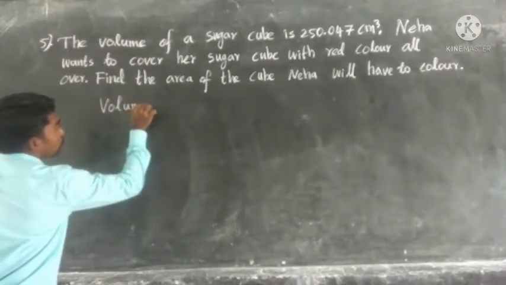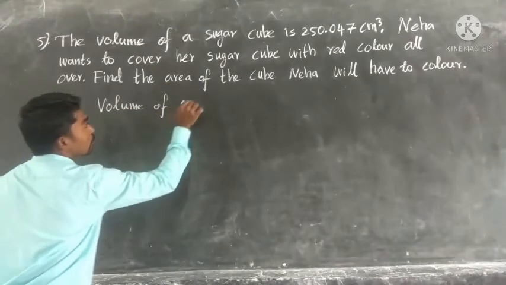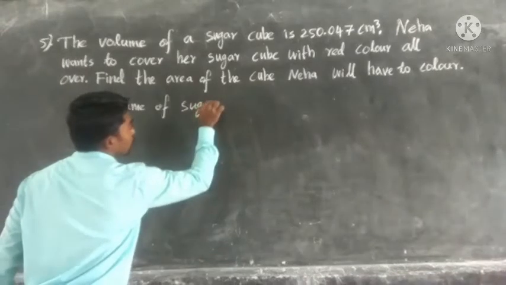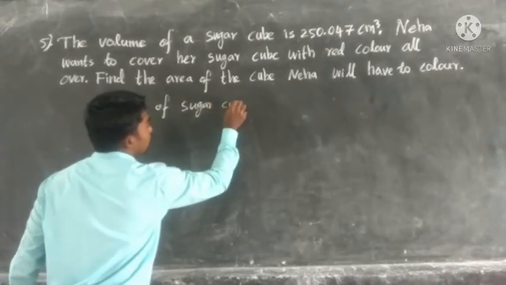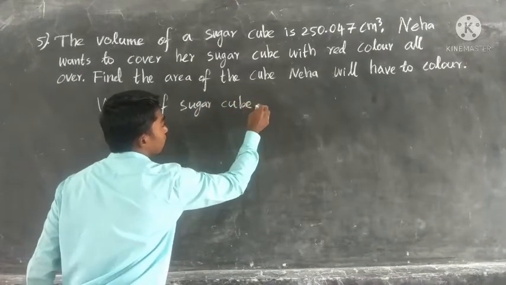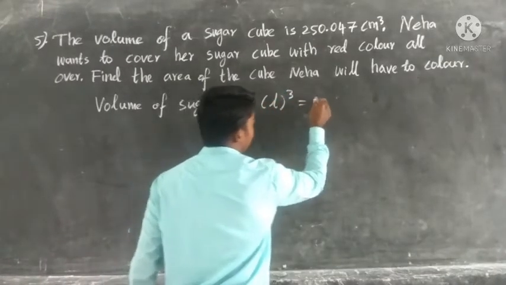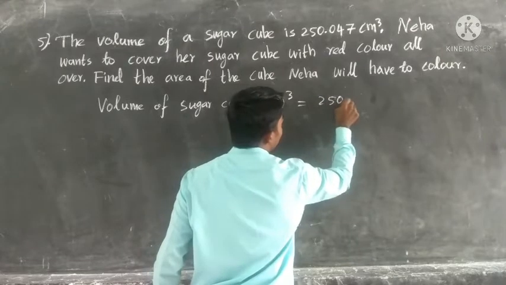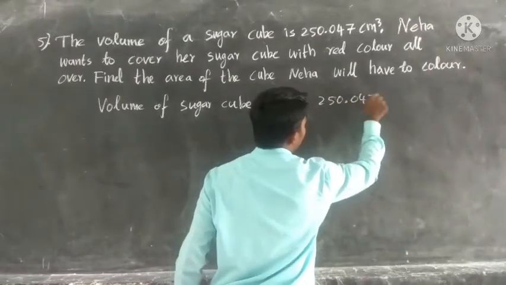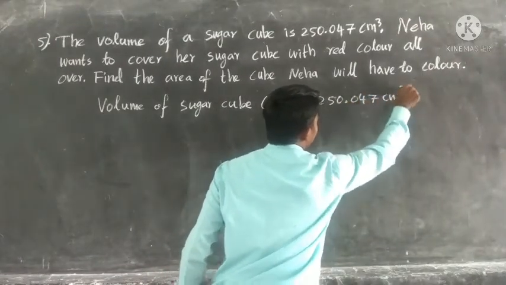Volume of sugar cube is equal to 250.047 cubic centimeter.